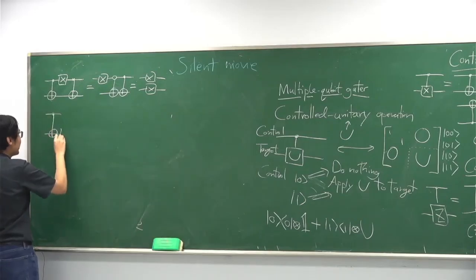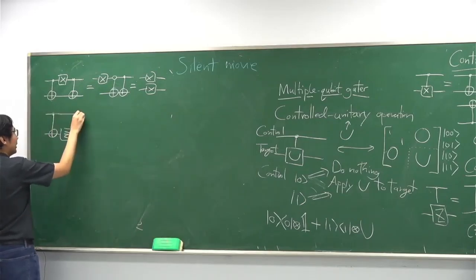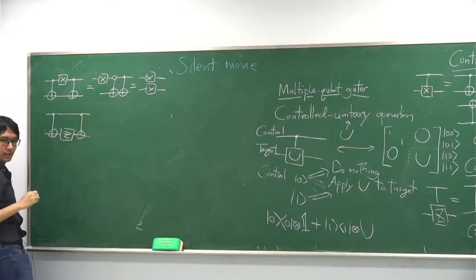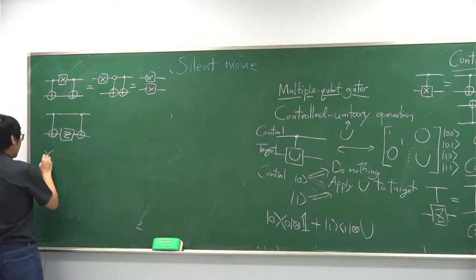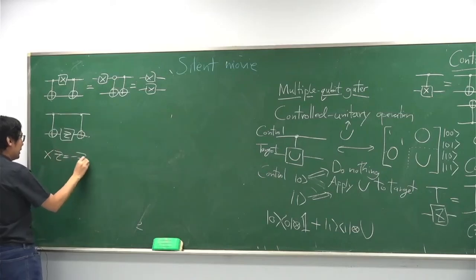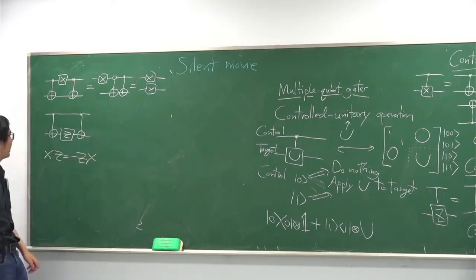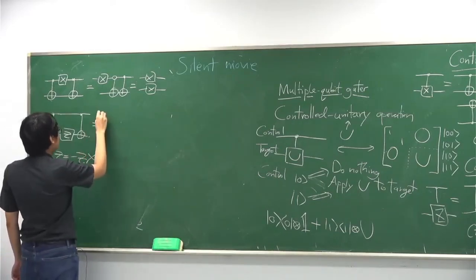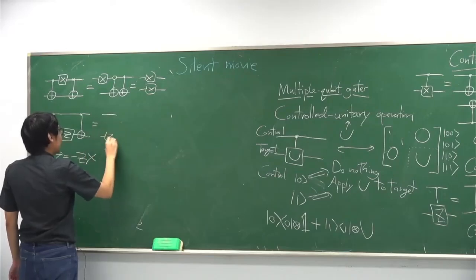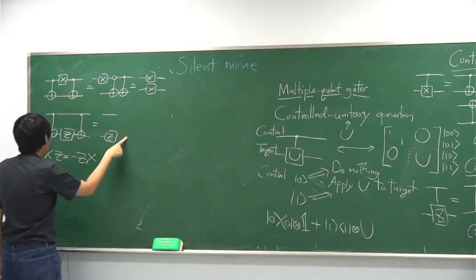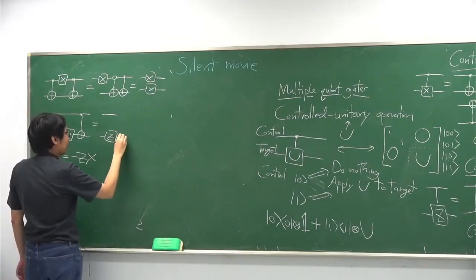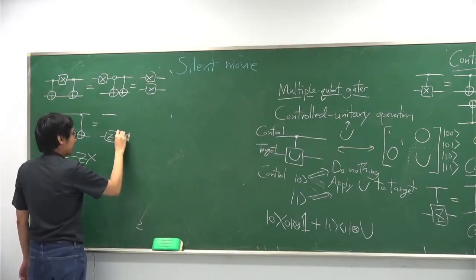Another exercise is that now I'm trying this as well. From xz equals minus zx, then I can pull this, and then there's something about minus within here. And well, do you think that this is correct?